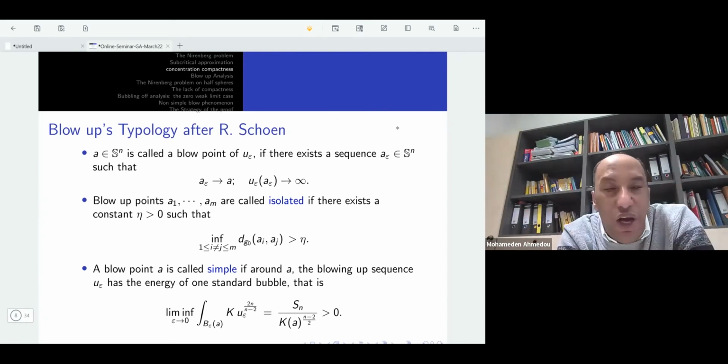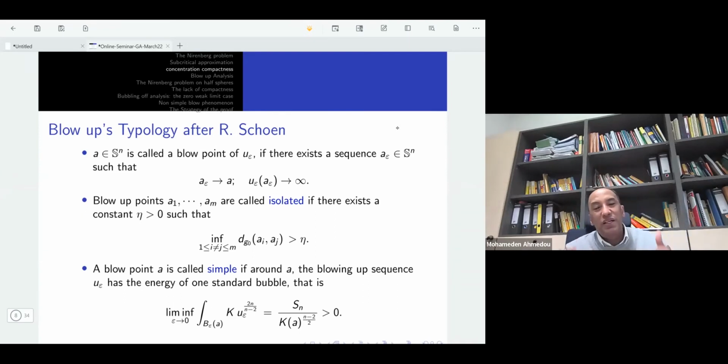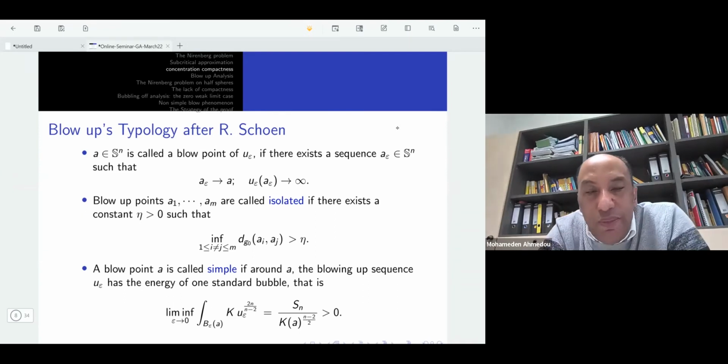First, if you have a point where there is a sequence A epsilon which converges to this point, and u epsilon of A epsilon goes to plus infinity, you say that this point is a blow up point. You may have many sequences, but if you have at least one, you say that this is a blow up point.